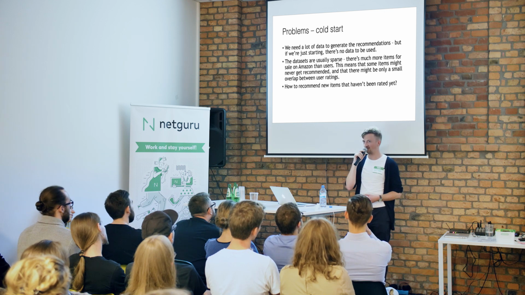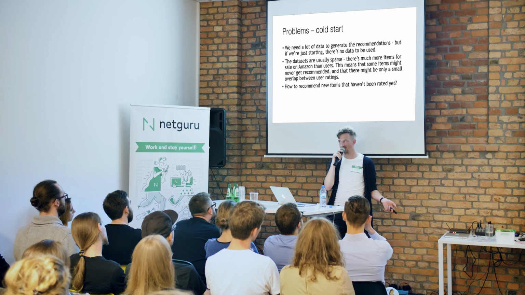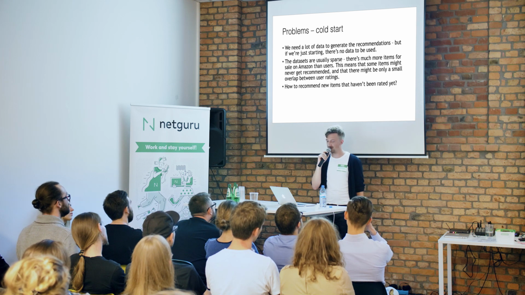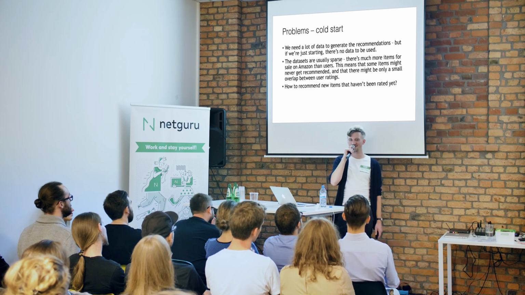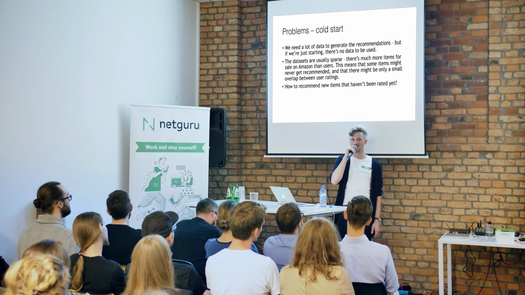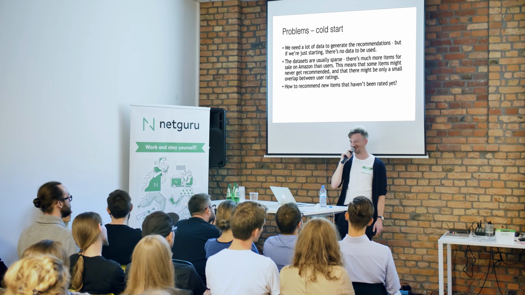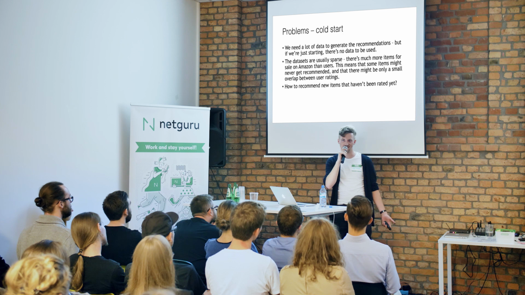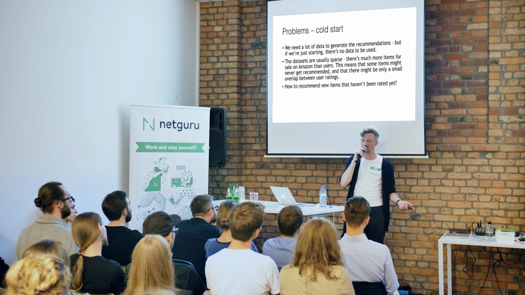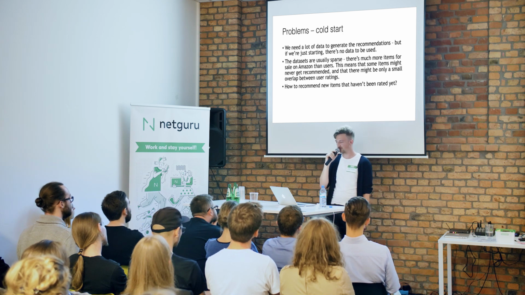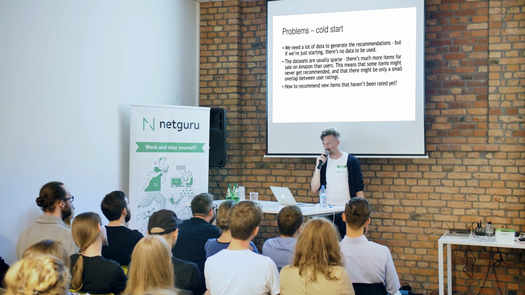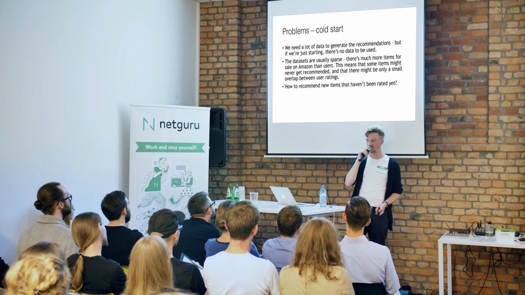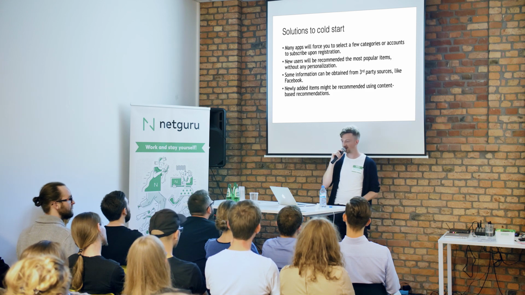Amazon has hundreds of millions of products and probably millions of users, or I don't even know how many, but I would say that there's definitely much more stuff to sell on Amazon than people that will buy it. And another problem is how to recommend new items that no one has yet rated in any way, because that's also a problem. Yeah, so this thing is called the cold start problem, if anyone wants to Google that after the presentation.